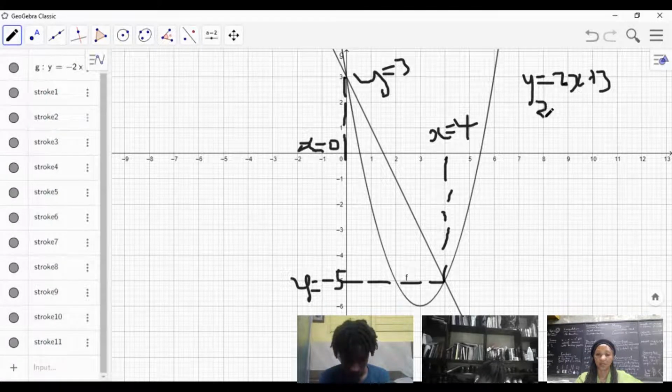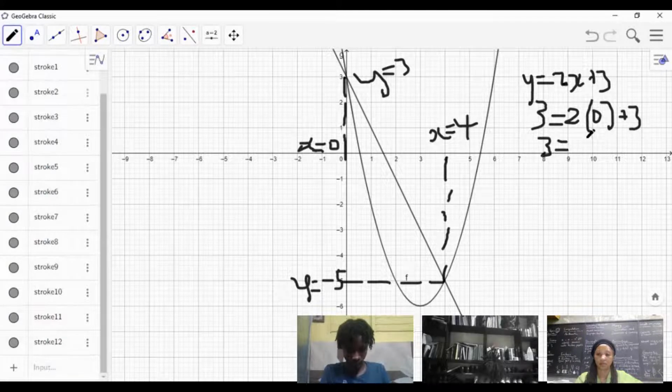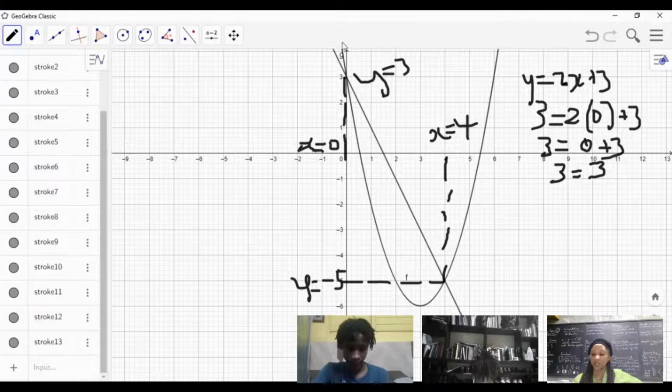So 3 is equal to 2 times 0 plus 3. What's 2 times 0? Miss, that's 0. So we see that 3 is equal to 3, right? So that one checks out.